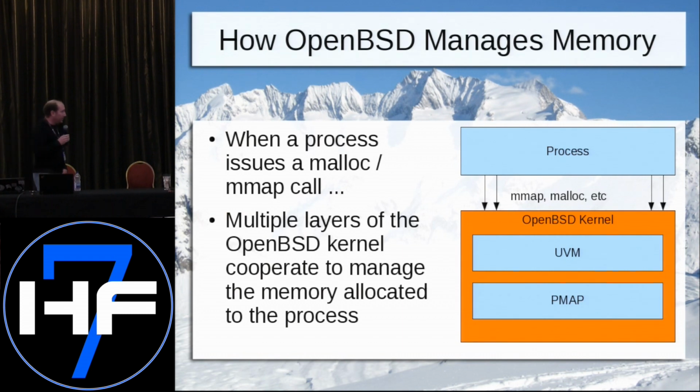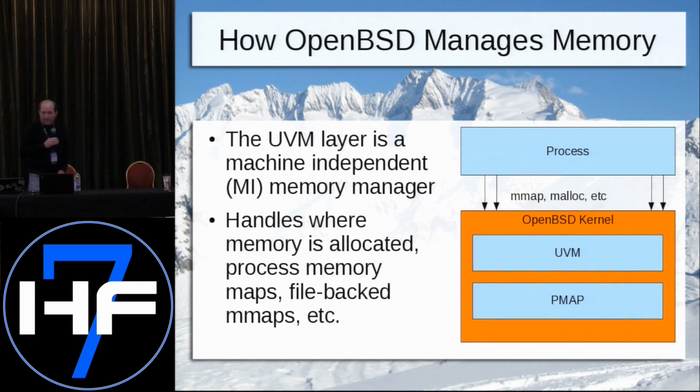First is called UVM, and the other is the PMAP module. UVM is a machine-independent memory manager. Machine-independent means it's the same code for all the architectures that we support. So the same UVM code runs on AMD64, i386, SPARC64, and all the other platforms that we use. UVM is responsible for managing things like the page layout.